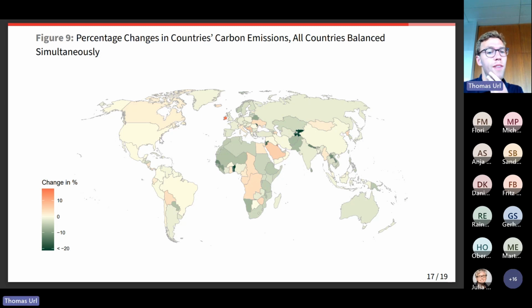So the overall effect on global carbon emissions comes from other countries, such as China, decreasing their emissions because they do not export as much to the United States as before, and therefore do not cause as much emissions.